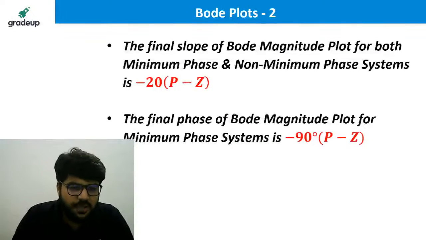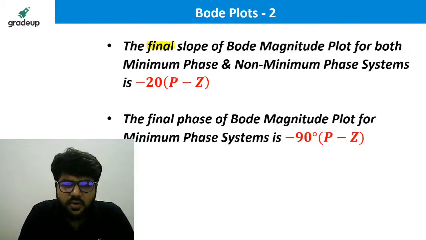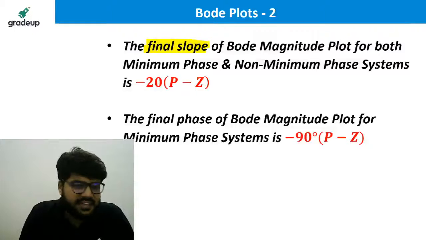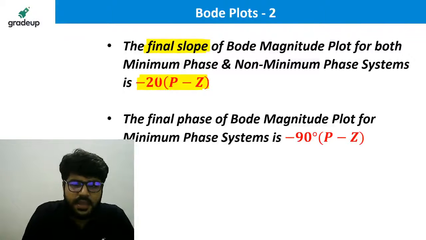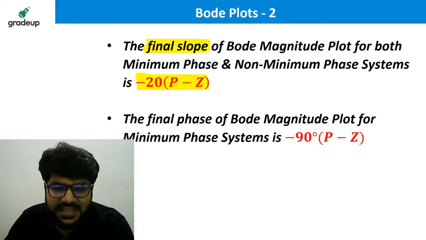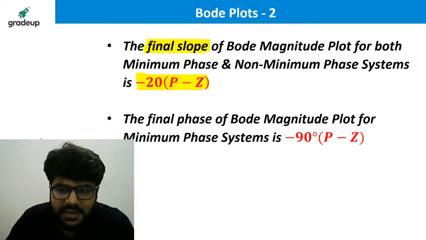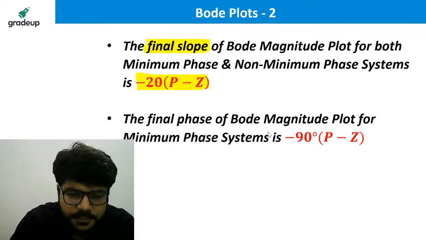The final slope of a Bode magnitude plot is given by minus 20 into p minus z in the form of decibel per decade. What is minimum and non-minimum phase? I told you I will explain somewhere within Bode only. I'll just mention that.